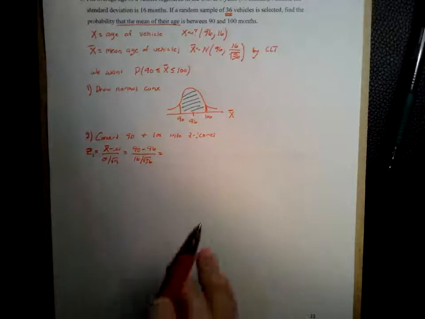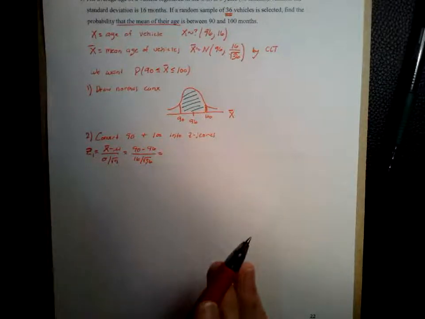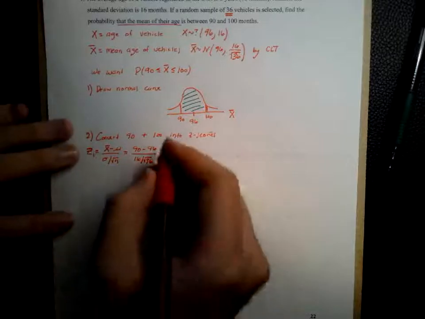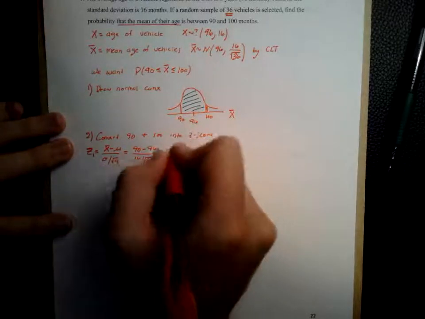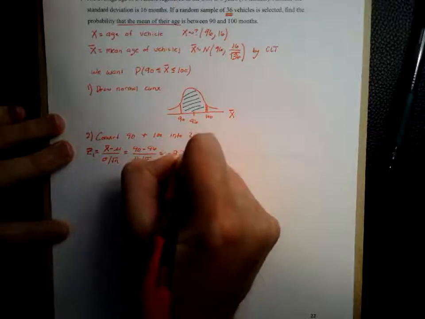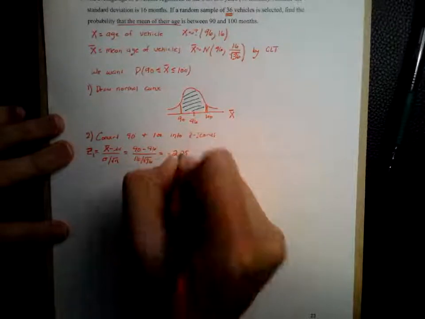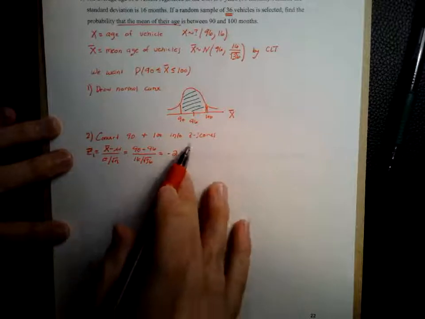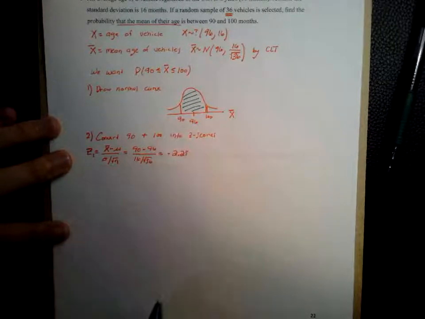Now recall that our standard normal tables will only give us up to 2 decimal places. Then we're going to round this to negative 2.25, and that'll be the z-score associated with the sample mean of 90.